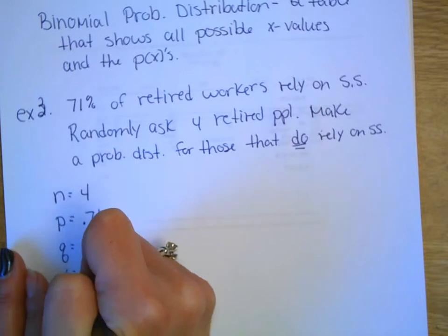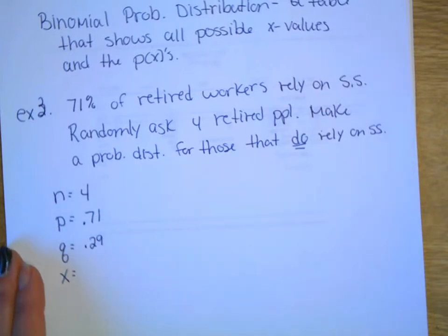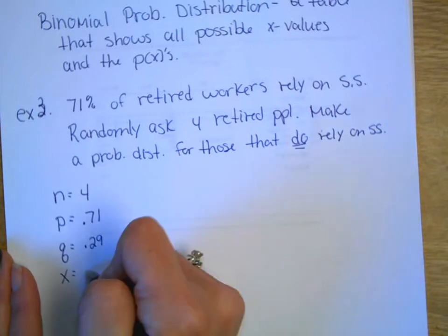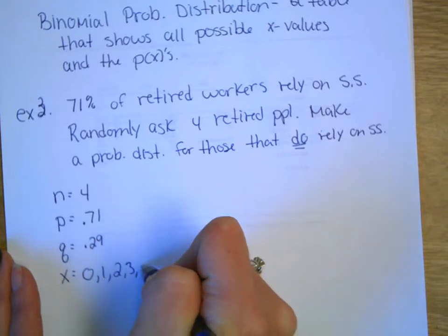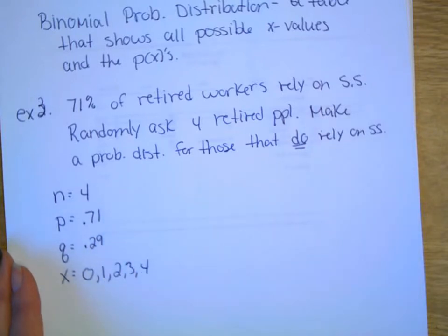X, how many? I didn't ask for a specific one because I'm making the distribution. So how many could say I rely on Social Security? What's my range of values? 0 through all 4 saying. So there could be none of the 4 people that I pick through all 4 saying I rely on Social Security.